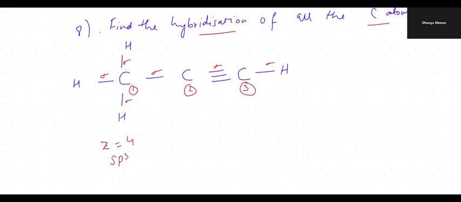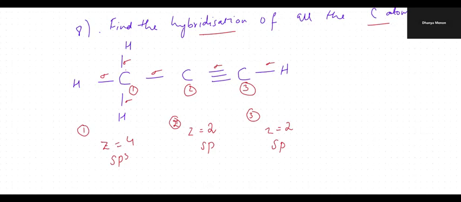Carbon atom 2, how many sigma bonds are there? 2. So it is sp hybridization. For carbon atom 3 also, I have 2 sigma bonds, so there's no lone pair. So Z value is 2. That is also sp hybridization. This is how you find out if this kind of question is given.